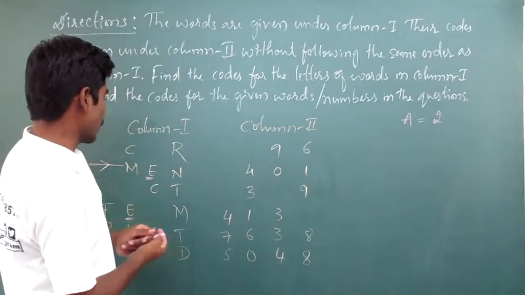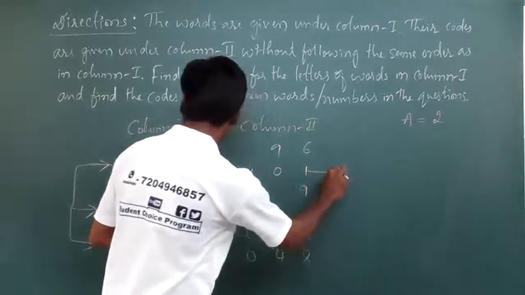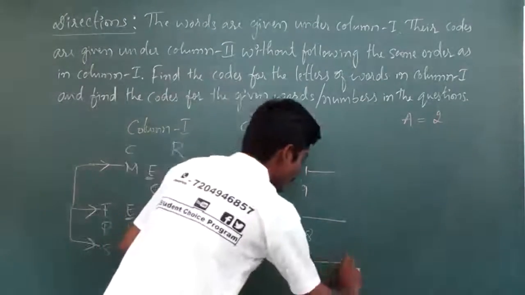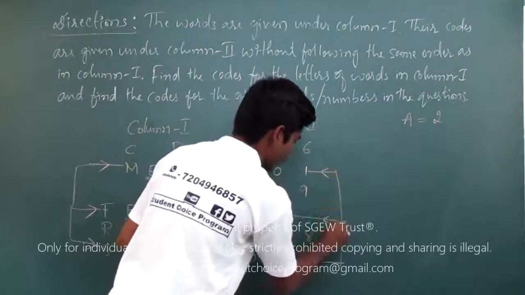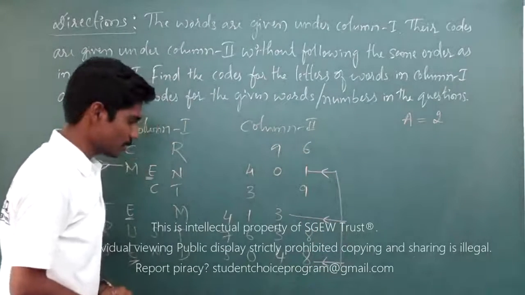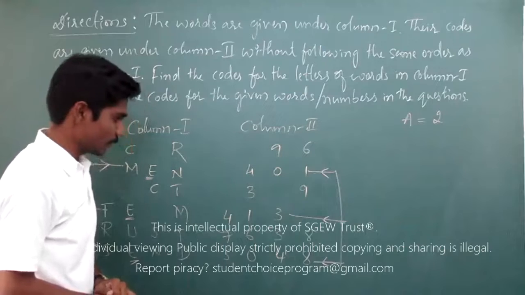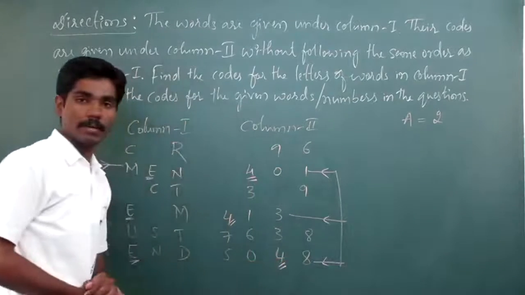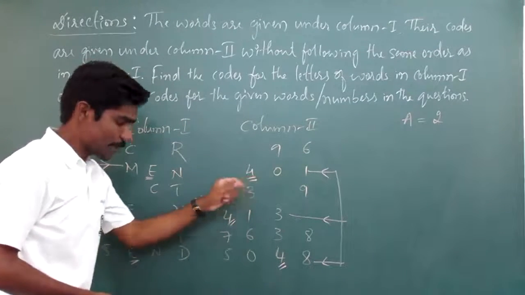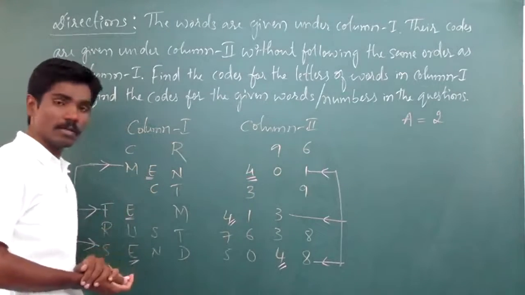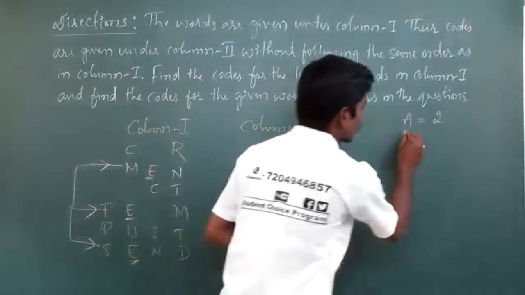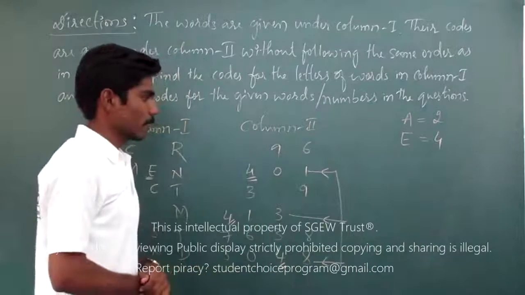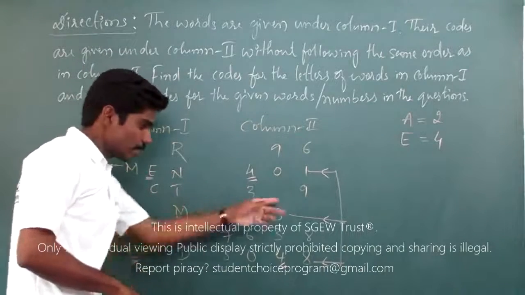The numbers I will consider here are 401, 413 and 5048. In these 3 numbers, if you observe, the 4 is common. That means the code for the letter E is 4. Now I'll rub these letters and numbers.